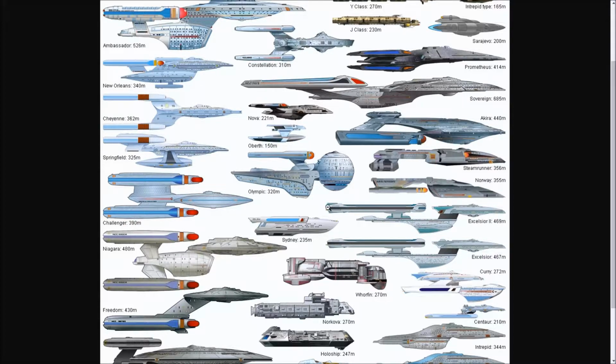Of course, in canon, there isn't really much of an explanation for that, so when I'm talking about the Excelsior refit, I'm talking about the DS9 era refit, specifically the USS Lakota that went up against the Defiant.